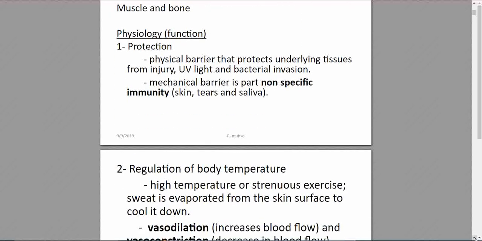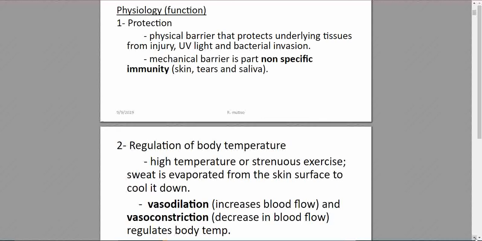So let's start with the physiology, that is the function of the skin. Protection: a physical barrier that protects underlying tissue from injury. If you walk and a thorn pricks you, unless it pricks deeply, it won't pass the first screen. The same applies to UV light and bacterial invasion. Excessive ultraviolet light, if the skin didn't have deposition of melanin, we could be dying from skin cancer, the melanoma, and so on.